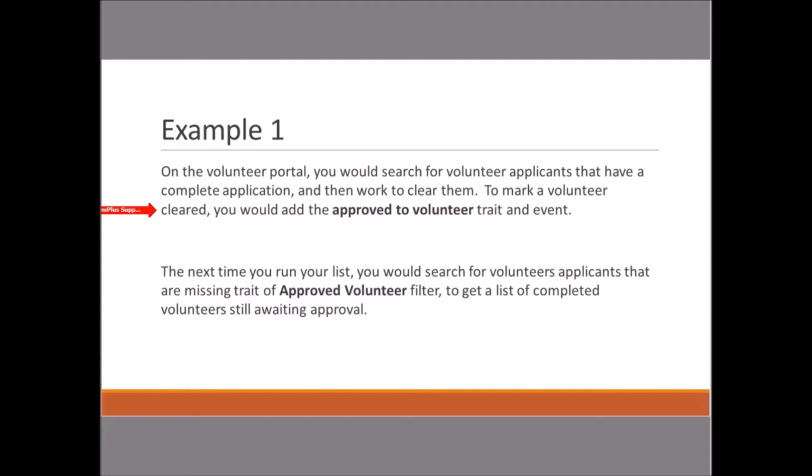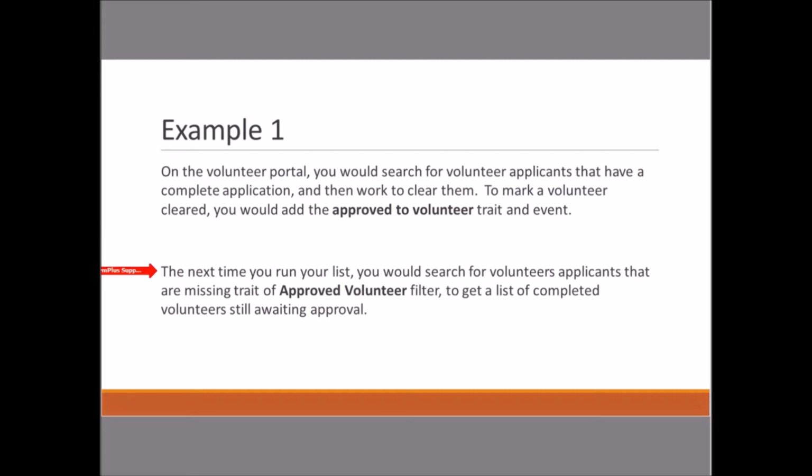So I've gone in, I marked my volunteer that they're cleared, I've given them the approved trait and event, so I can now pull my reports. The next time I come in, I'm going to do that same search in essence, but I'm also going to include that missing trait field, and I'll show what that looks like in a few minutes.